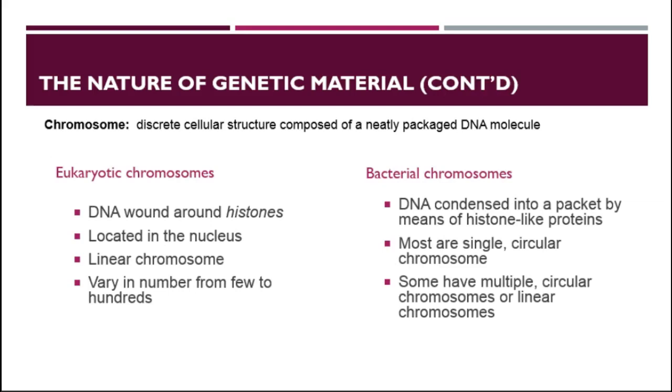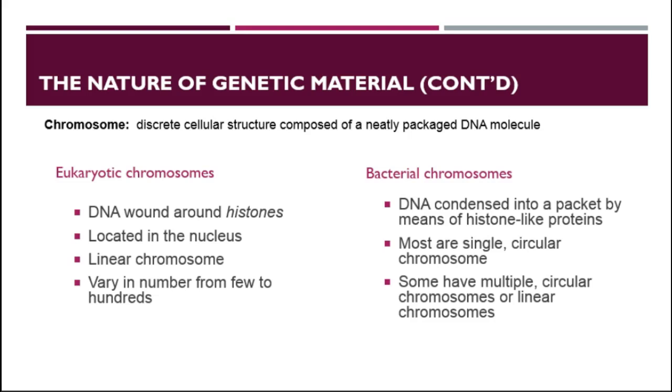So there are some differences between chromosomes in eukaryotic cells and bacteria. A chromosome is a cellular structure that is composed of neatly packaged DNA, and that DNA can be packaged in different ways depending on the organism.